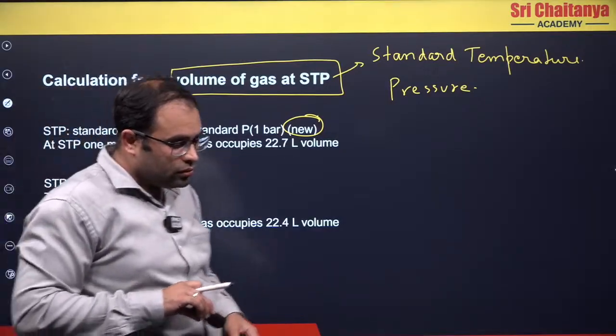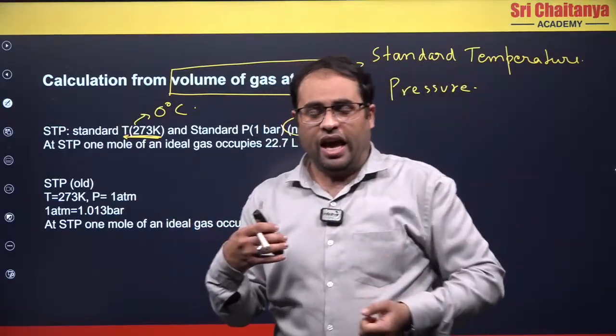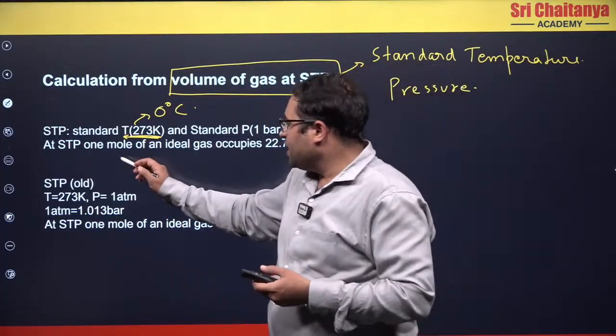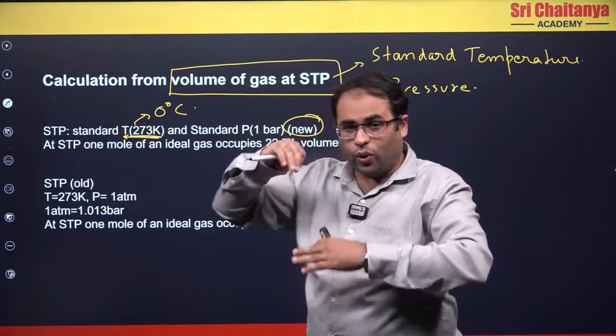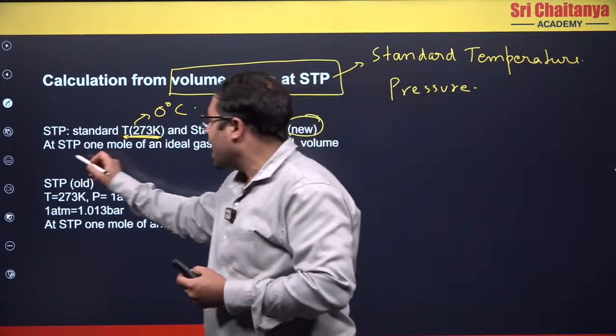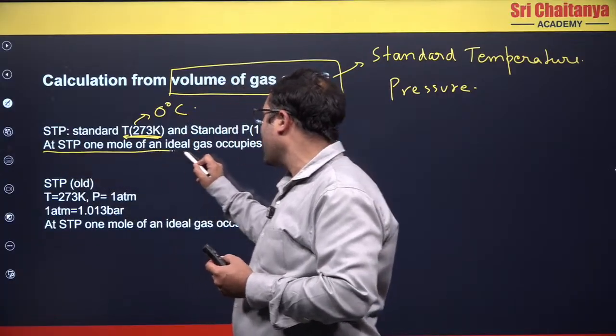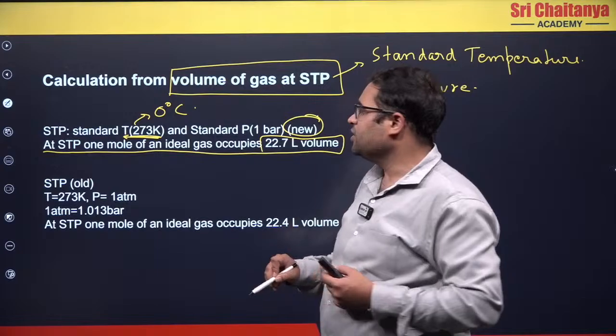So what we did was, we took some gas, suppose you took oxygen gas, kept it at 0 degree Celsius temperature and kept it at a pressure of 1 bar. Then it was found that 1 mole of a gas occupies 22.7 liters volume.